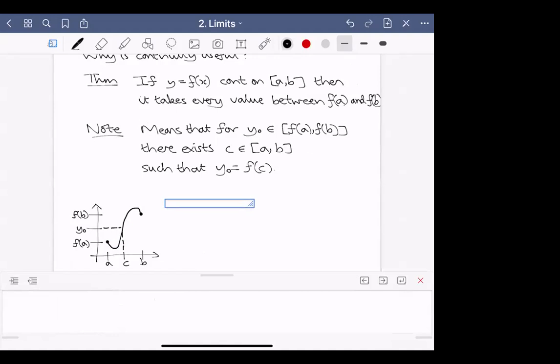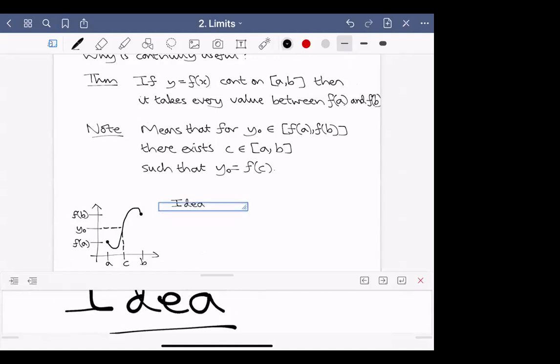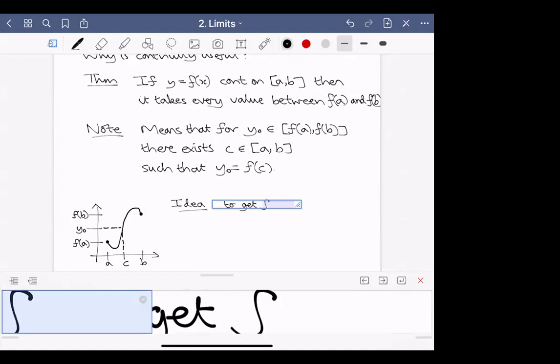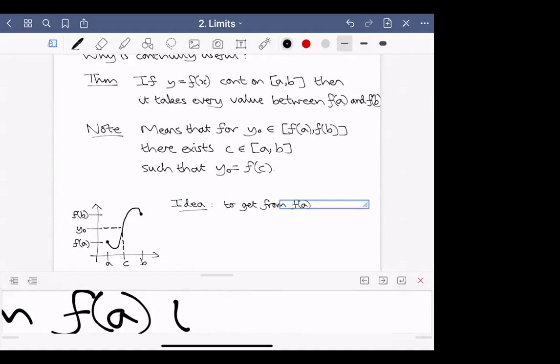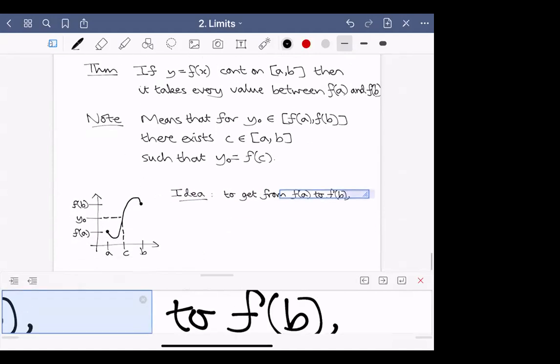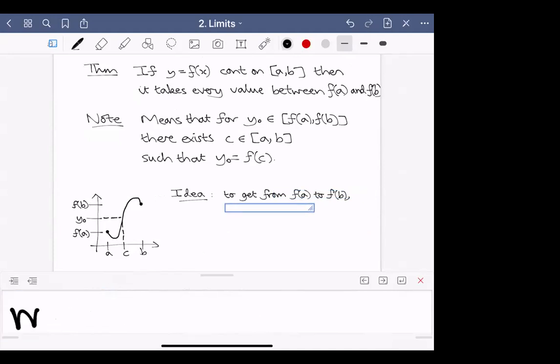So what's the idea here? To get from f(a) to f(b), you must pass every value in between.